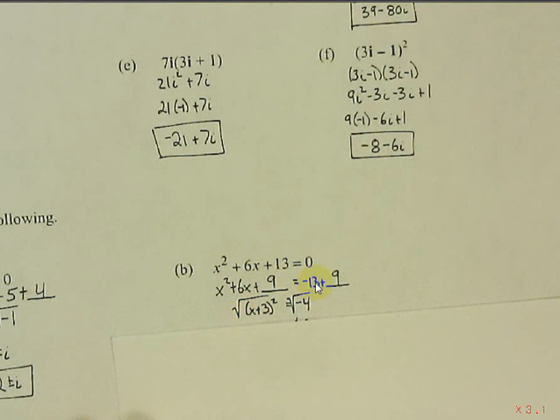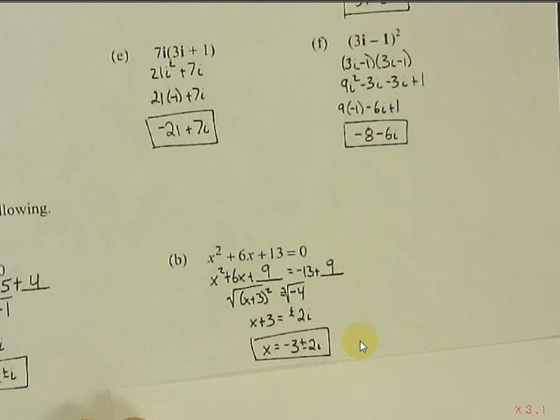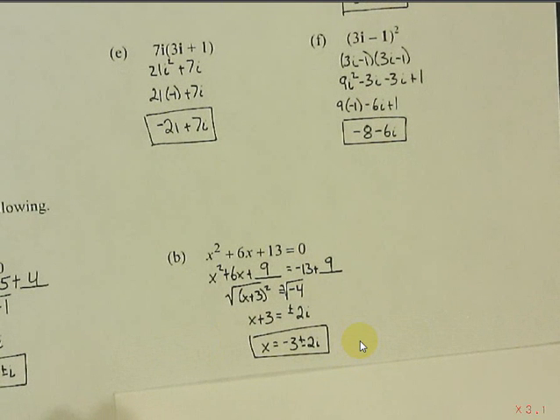On the right side, simplify, so negative 13 plus 9 is negative 4. Undo the square, square root both sides, giving us x plus 3 on the left side, and plus or minus 2i on the right side. Last but not least, solve for x, so we subtract 3, giving us negative 3 plus or minus 2i.